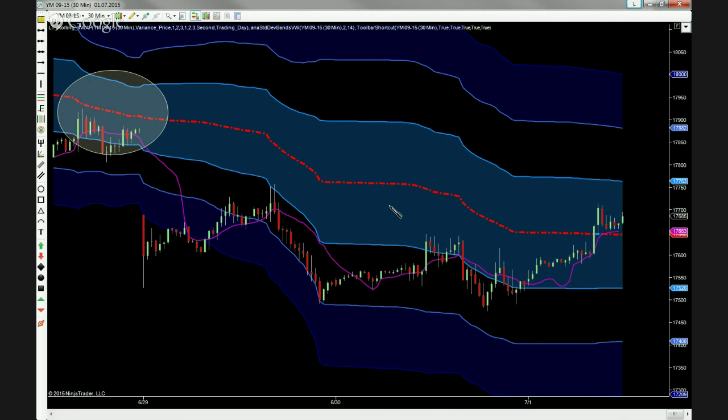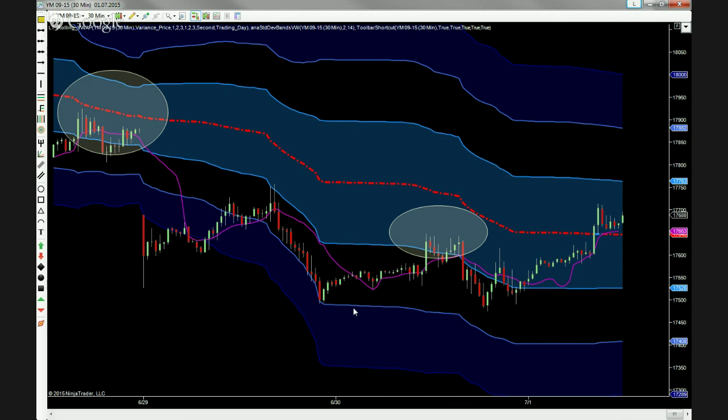And so if we enter trades in this area, we are more likely to catch the trend early on. So it's basically showing us a trend when it's in the black area, and it's exit time when it's in the second standard deviation area.